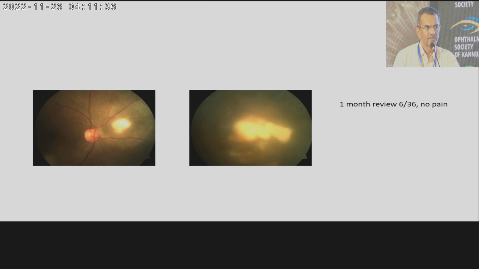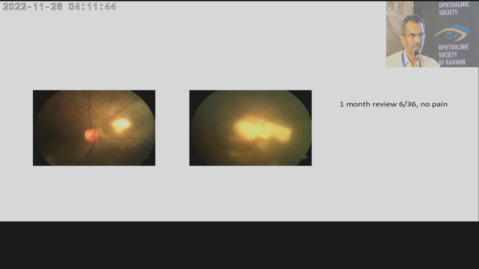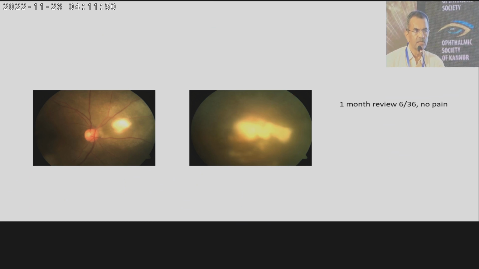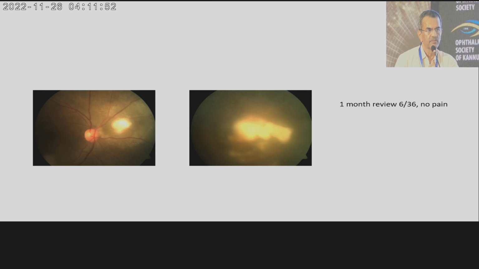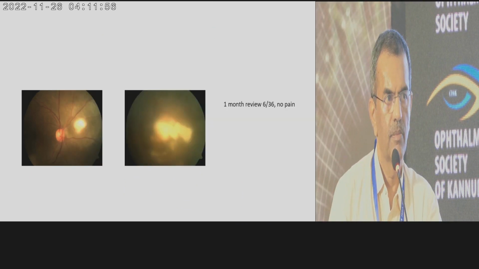We need to investigate for any systemic illness like diabetes or an immunosuppressed state. If the patient is diabetic, would you still take it as a delayed post-operative endophthalmitis or an endogenous endophthalmitis? The patient did not have much anterior segment involvement, because the view is pretty clear.